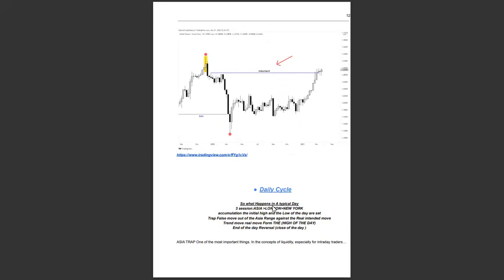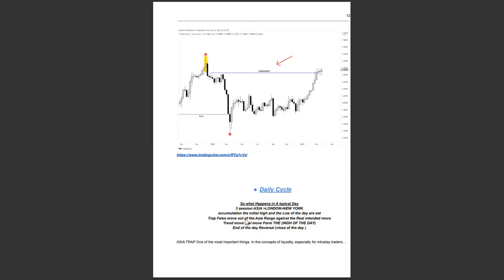Daily cycle. So what happens in a typical day? Asian, London, and New York session. Accumulation: the initial high and low of the day are set.